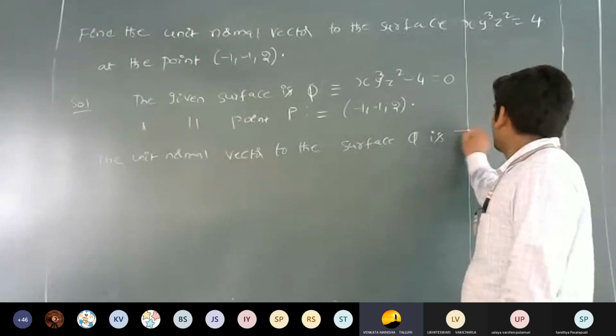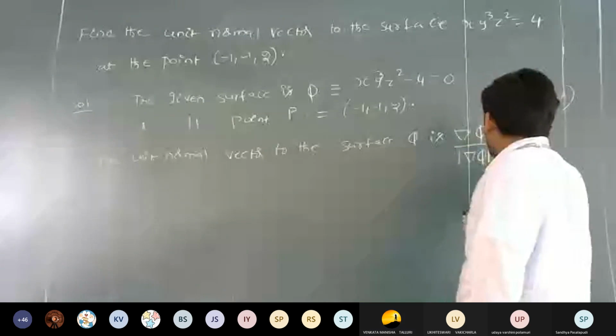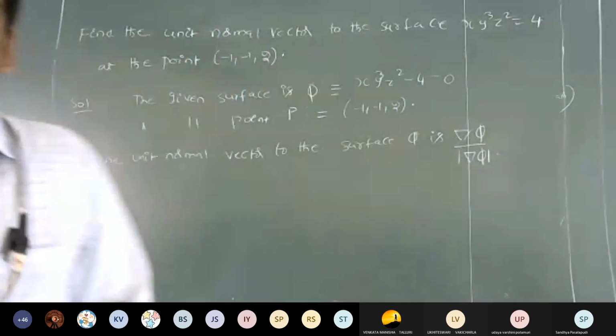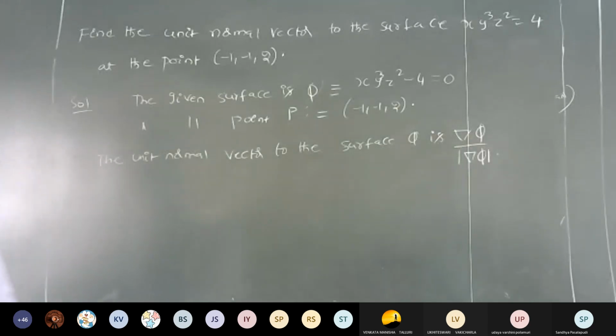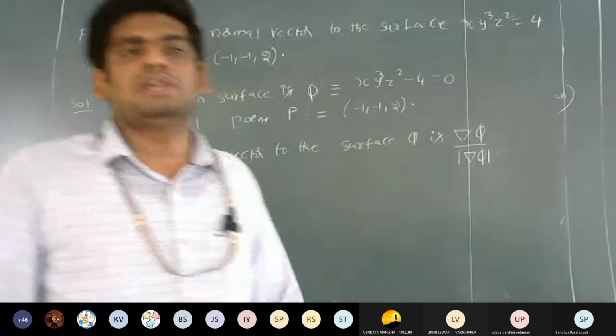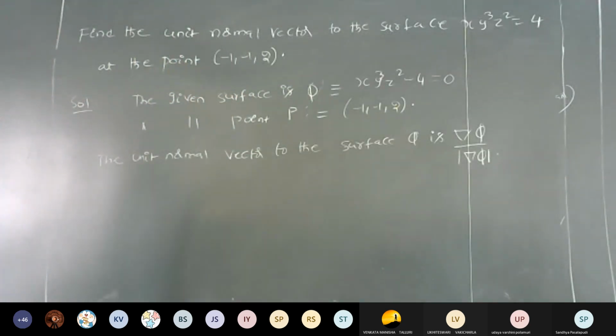Del phi by mod del phi. That means you have to calculate the del phi at the point P, and so you can find the magnitude of the del phi, that gives the mod del phi. So you have to divide del phi with its magnitude, then it is the unit normal vector.